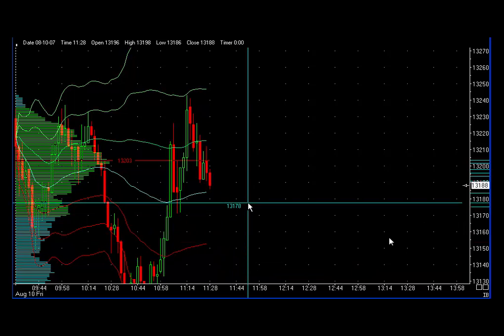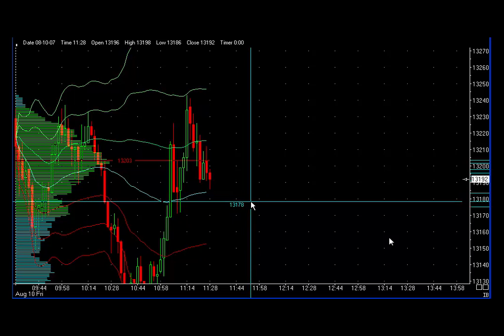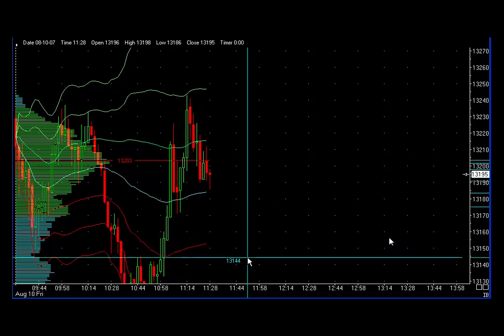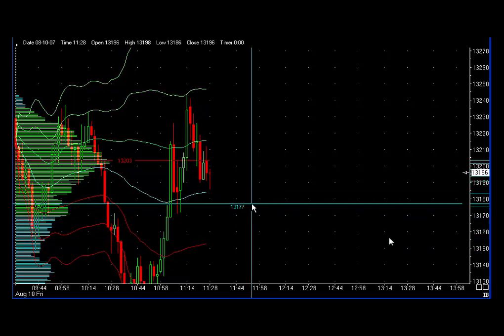And we'll look here for a trade on the short side if we break through here and we get a retrace. Of course, it could break through here and just continue on right down without a retrace. So you might be out of luck if that happens.